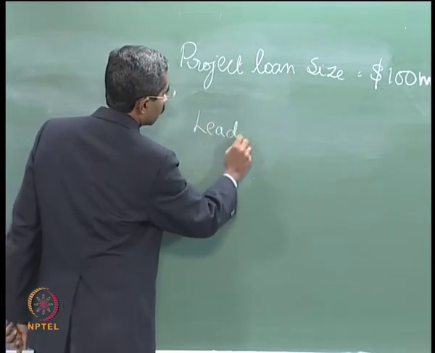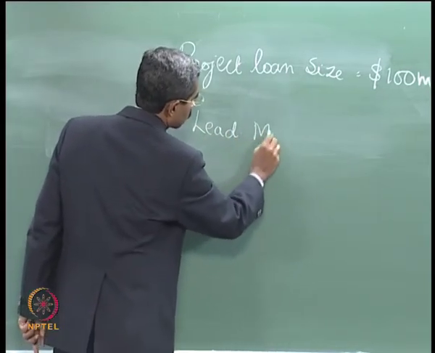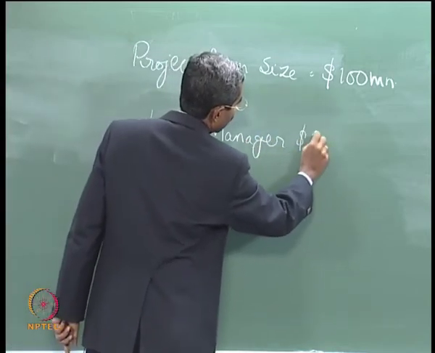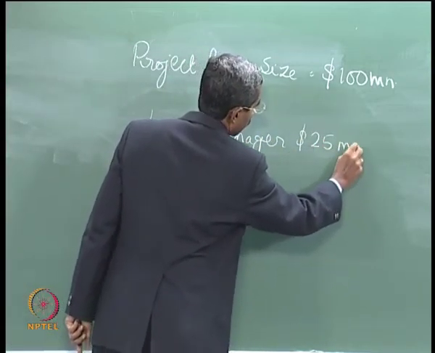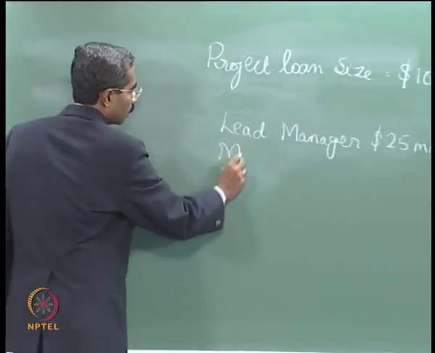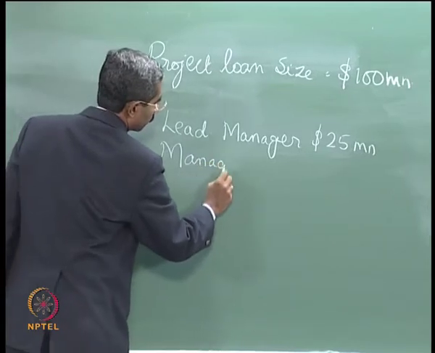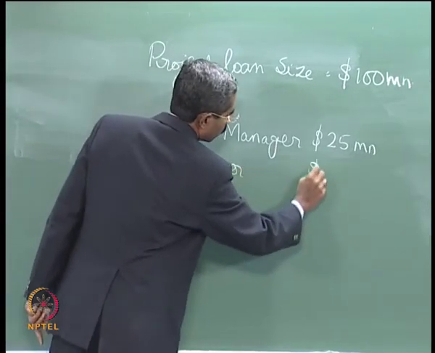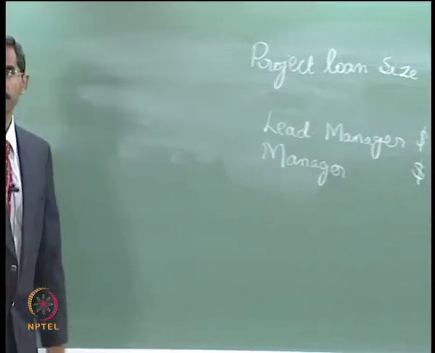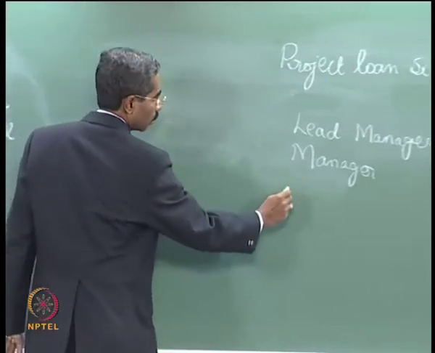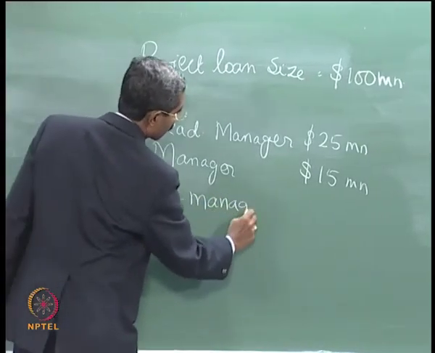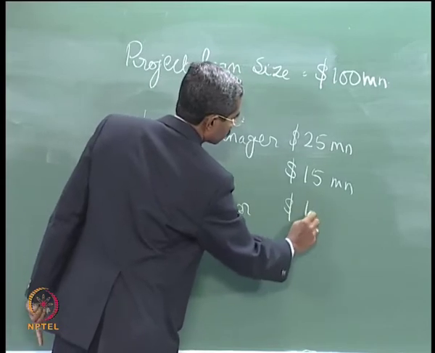Depending on the commitment the investors make, they are given a specific title. If an investor is able to invest $25 million, then he will probably be given the title of lead manager. If an investor makes a commitment of $15 million, then he is given the title of manager, and the co-manager title is probably, let us say, for 10 million.